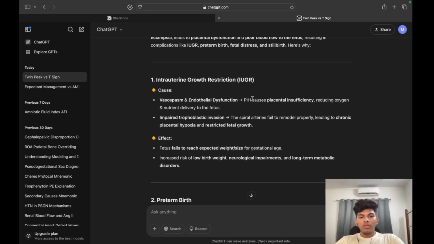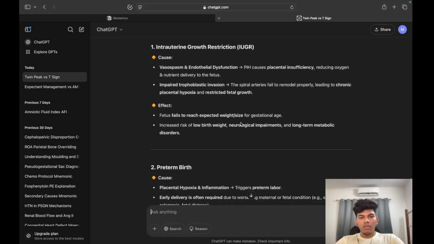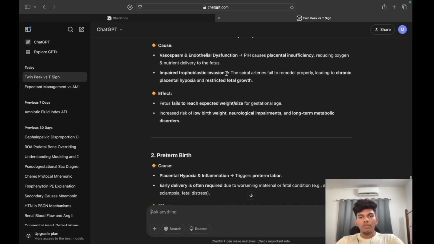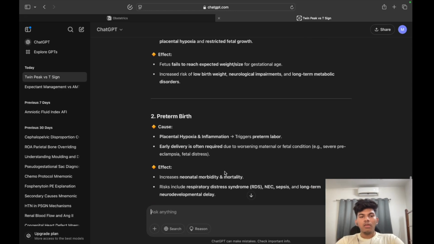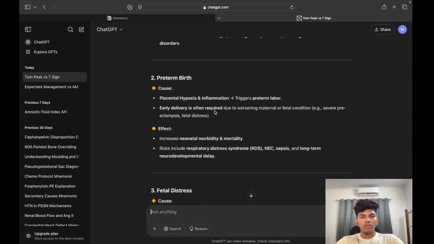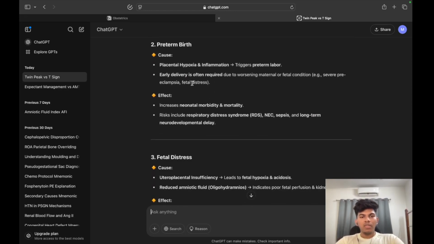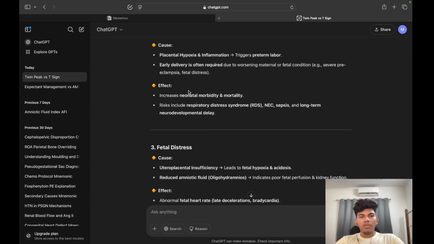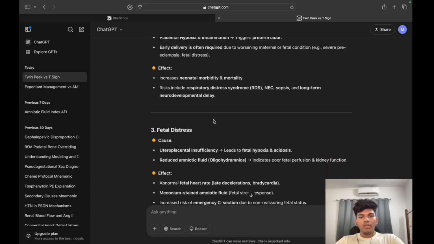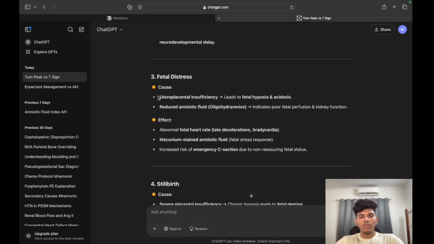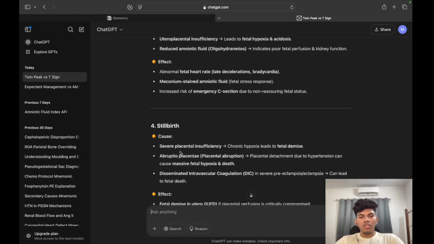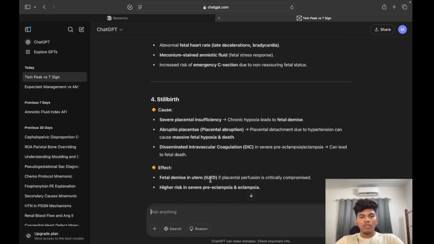Here, vasospasm, endothelial dysfunction, placental insufficiency and impaired trophoblastic invasion lead to placental hypoxia. We have seen this earlier in preeclampsia. Preterm birth: placental hypoxia and inflammation trigger preterm labor, and early delivery is required due to worsening maternal or fetal condition. Then fetal distress, insufficiency again; stillbirth, insufficiency again.